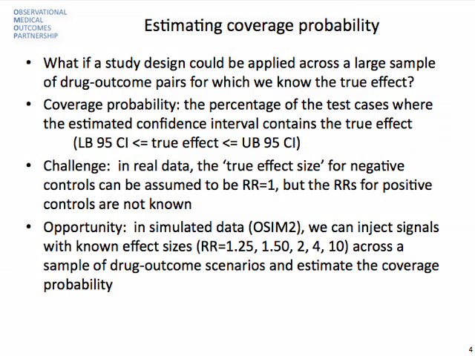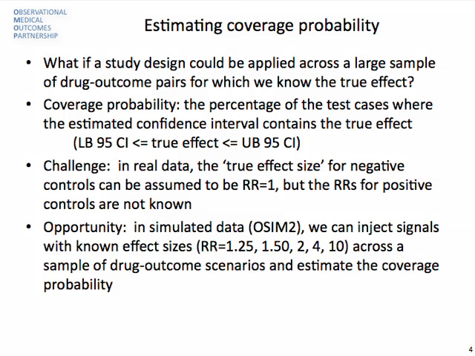So one of the challenges we have is that in real data, we don't actually know what the true effect size is. We can make an assumption: for our negative controls, we assert that there is no relationship between the drug and the outcome. Because we make that assertion, we can assume that the true effect size for our negative controls is a relative risk of 1, and we can look in our real data to ask how often the confidence intervals contain 1.